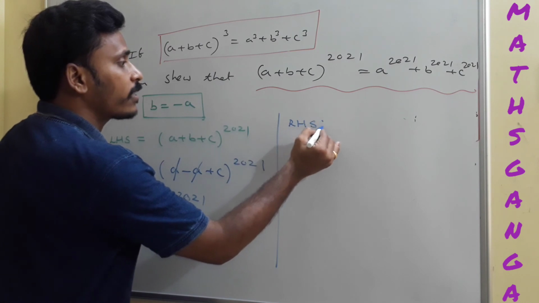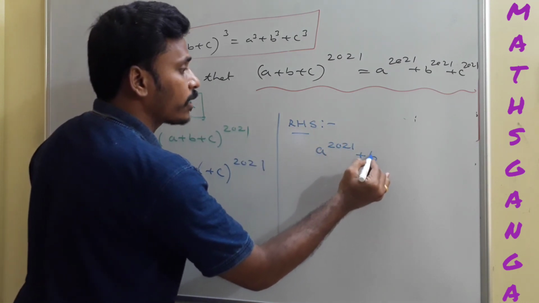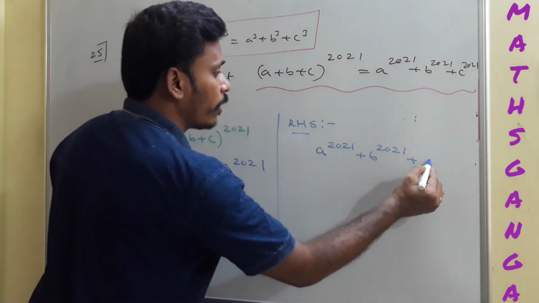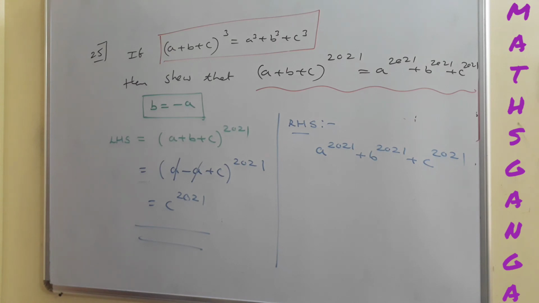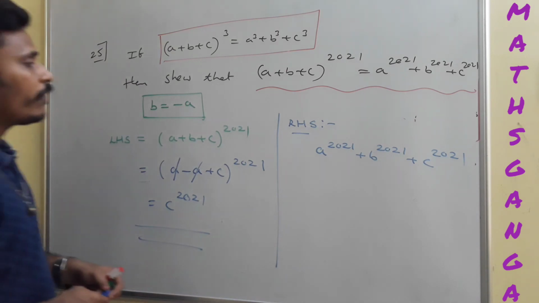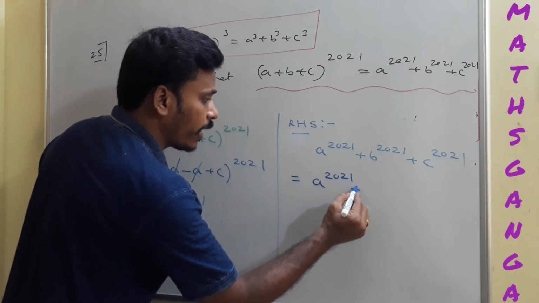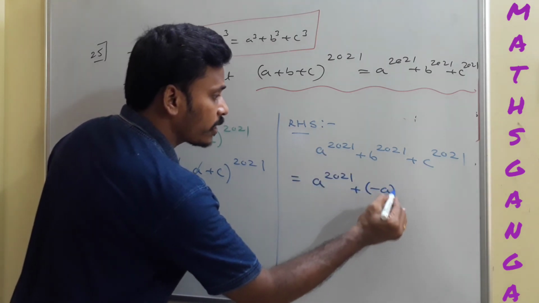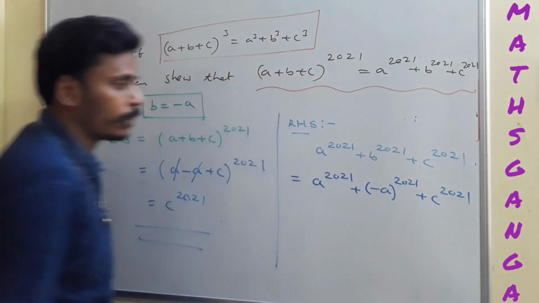Now the right hand side. The right hand side is a power 2021 plus b power 2021 plus c power 2021. We need to replace b with minus a. So that is equal to a power 2021 plus (minus a) power 2021 plus c power 2021.